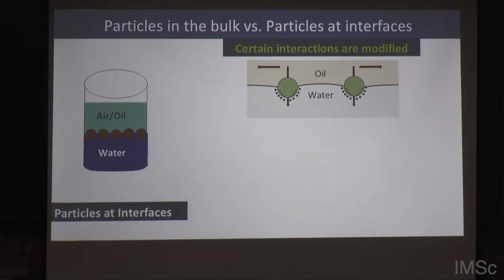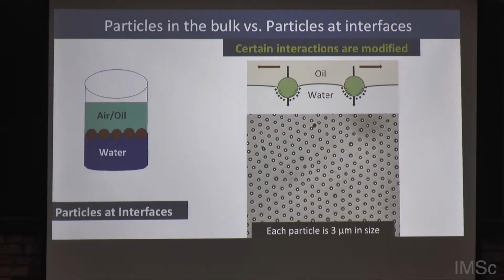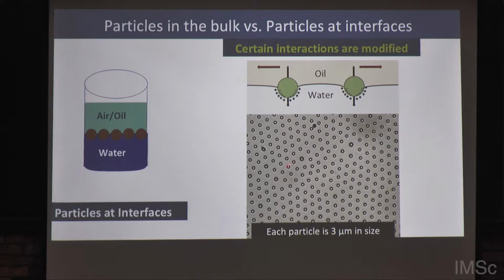In this case, you are going to have dipolar interactions, and people have shown that such dipolar repulsion can lead to structures at the interface. This is a case of a 3 micrometer particle, and the interparticle spacing is of the order of 10 micrometers or more.